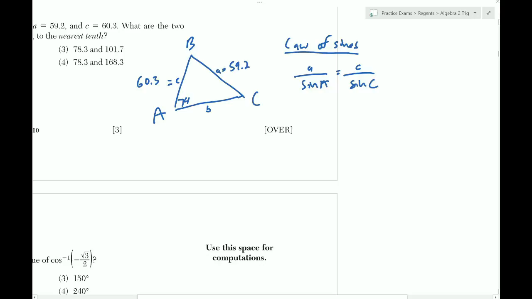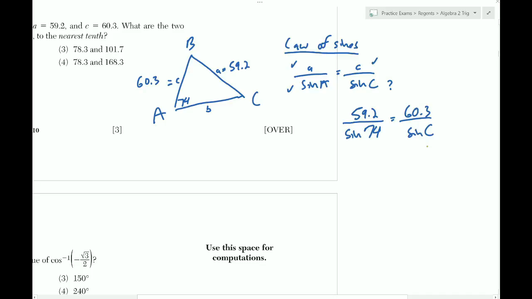So we're given the value of A, we're given the sine A, and we're also given the value of C. We just have to find the sine of C. No problem. Let's just plug in. So 59.2 over the sine of 74 equals 60.3 divided by the sine of C.